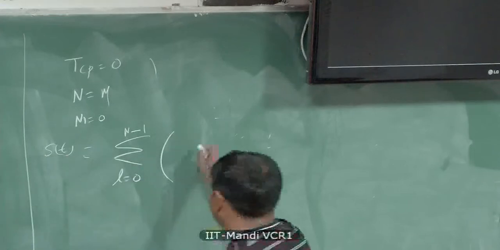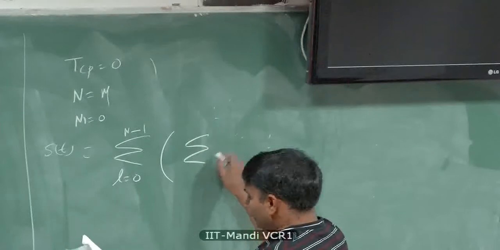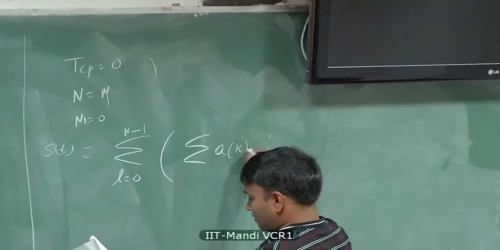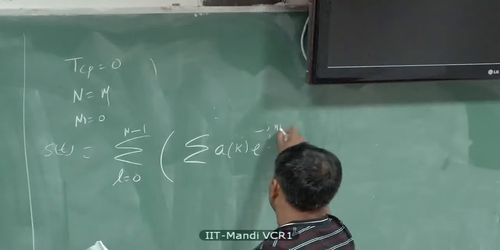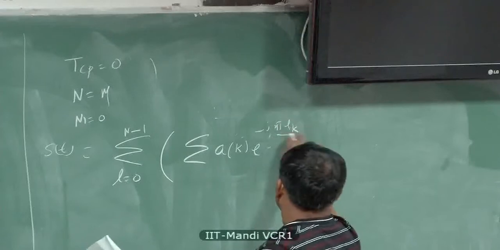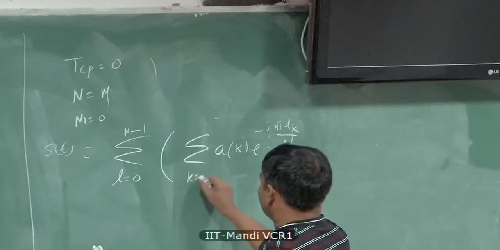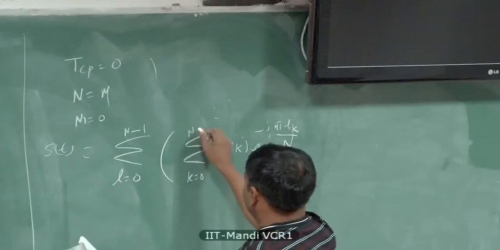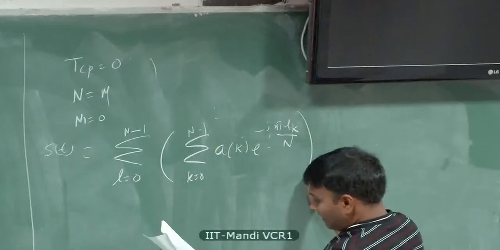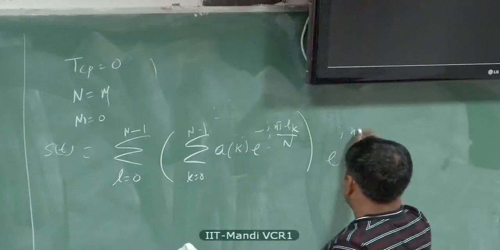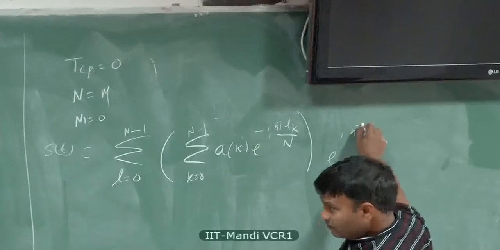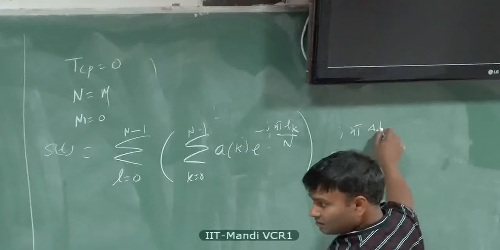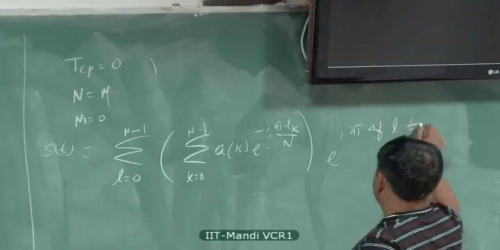And I will write A of L, that is A of k e to the power of minus j 2 pi Lk by n, k equal to 0 to n minus 1, multiplied by e to the power of j 2 pi delta f L t.